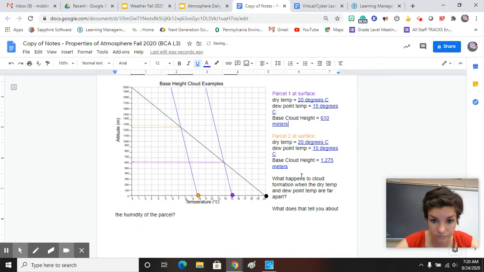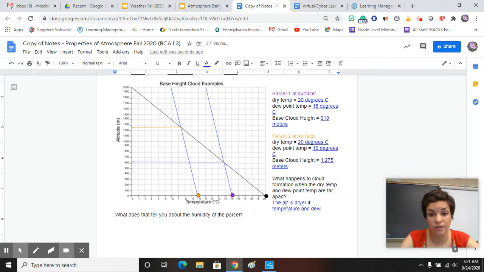Meters. All right. What happens to cloud formation when the dry temperature and dew point are far apart? Well, far apart means you have to shove that air up higher in order for those two temperatures to meet. So the air is drier if temperature and dew point are further apart.